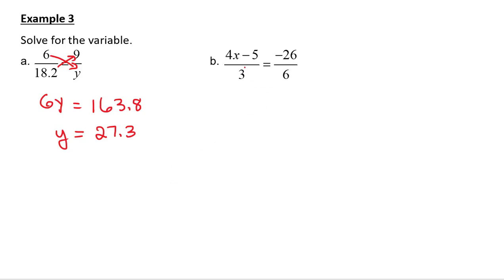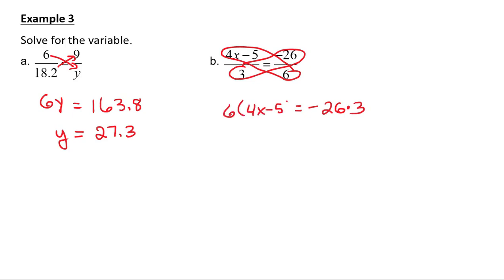Again, cross multiply. So some teachers do it where you circle what you're multiplying together. Negative 26 times 3. And then that's going to equal 6 times 4x minus 5. Okay, now I just have to solve that equation.